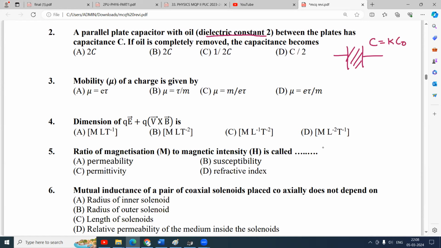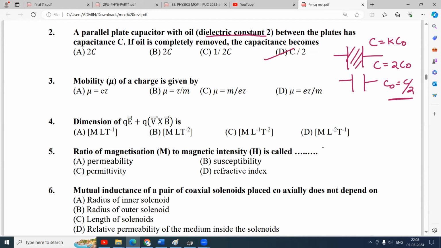C0 is the capacitance without any medium. Now the dielectric constant is 2, and when this is removed, it becomes only an air capacitor, a capacitor with air as dielectric, whose K value is 1. Now, what is that C0? So C is equal to 2C0 and C0 is equal to C by 2. So you have removed the dielectric, now it is C by 2. So the answer is option D.